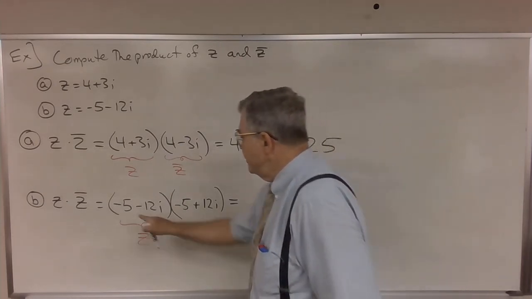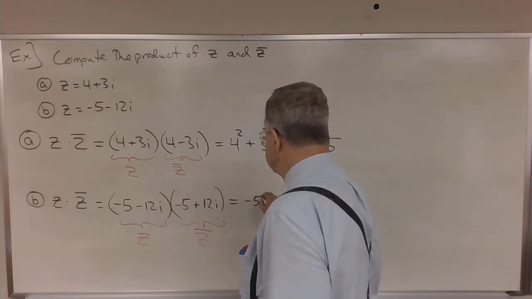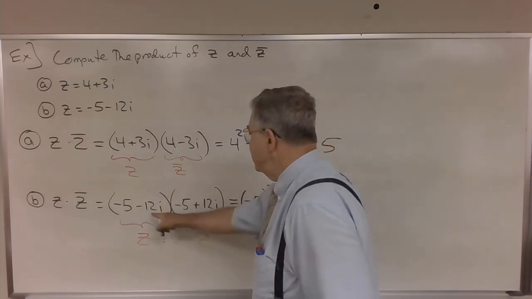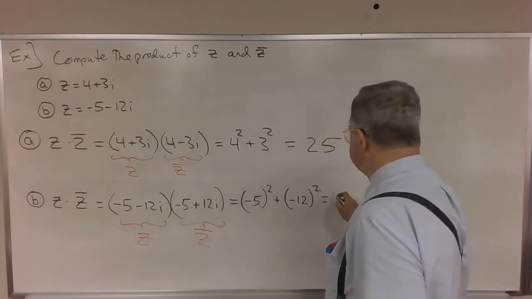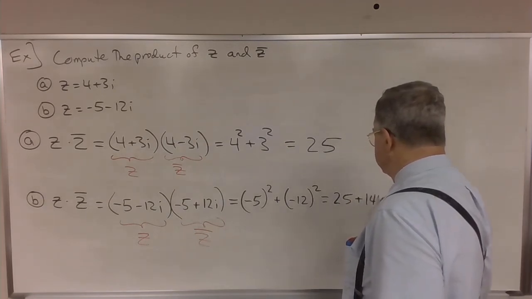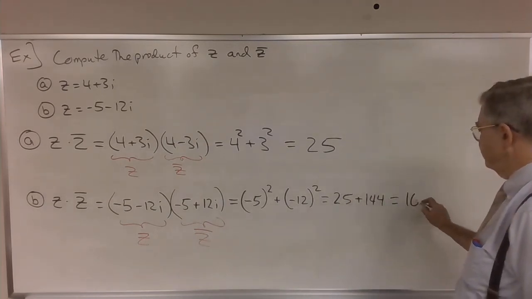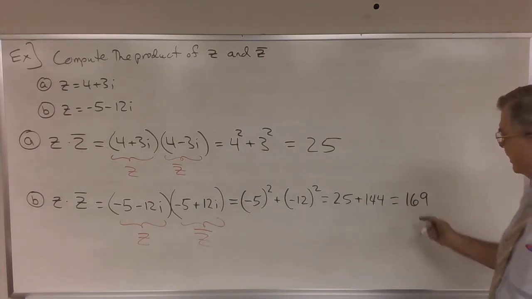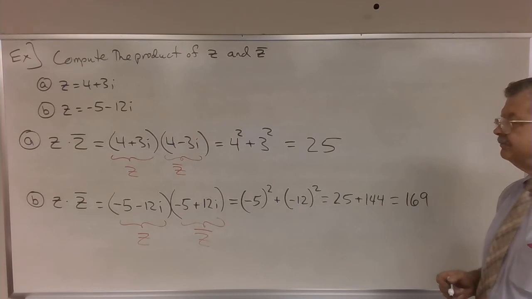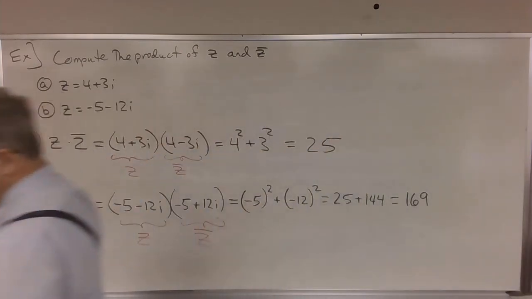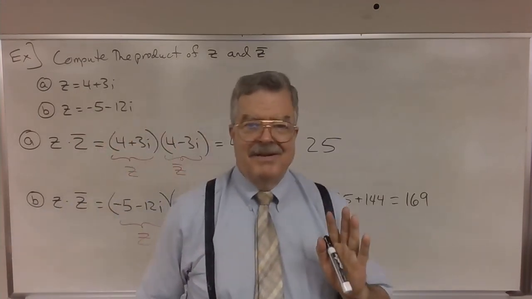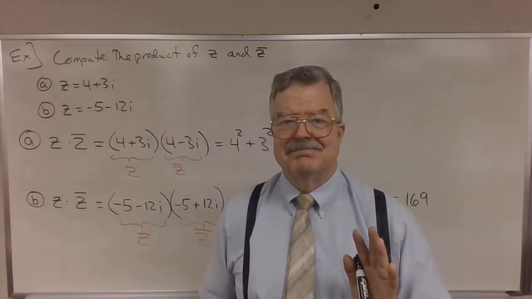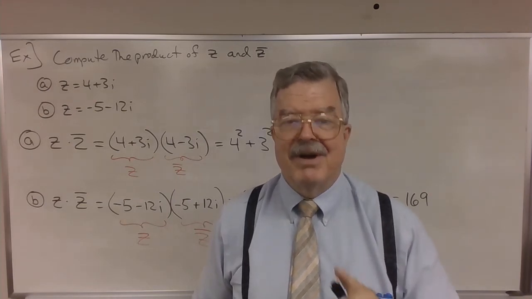So what do we get? We get the real part squared plus the imaginary part squared, and there's the product of z and z conjugate. Now, why is this important? I can't tell you just yet, but very soon we'll see.